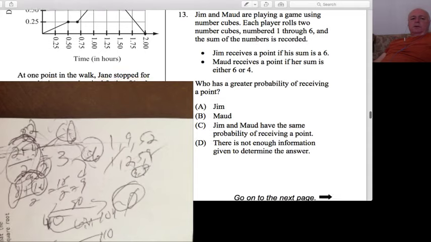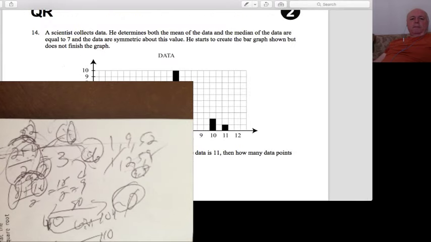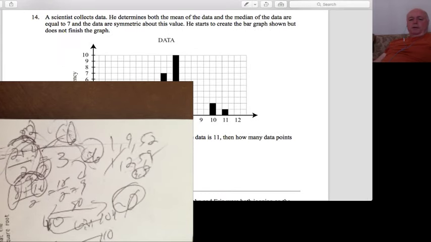That's 13. 14's a doozy. Let's see, how can we do this? Because first of all, it doesn't fit on the screen. All right, let me get it to fit on the screen for starters. And let me get rid of this thing.